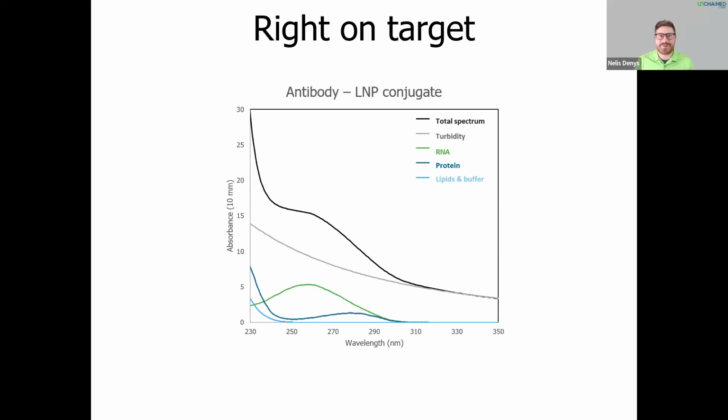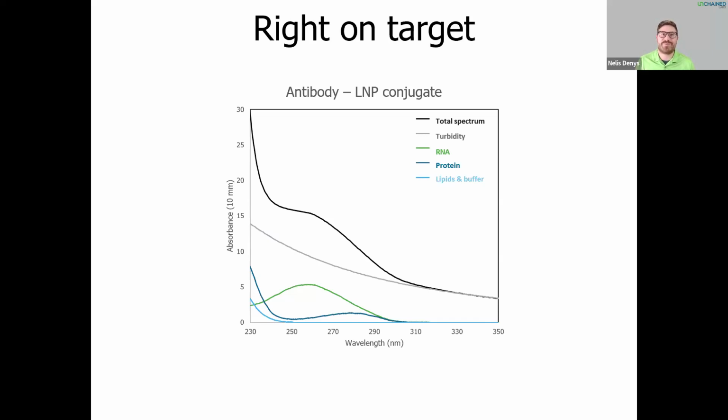While we just went over characterizing LNPs on their own, the basic RNA LNP is already very difficult. Characterizing antibody LNP conjugates is even harder. How would you get an RNA concentration and antibody concentration, their ratio, and all of that other stuff you want to know by using a method without just spending days and days in the lab?